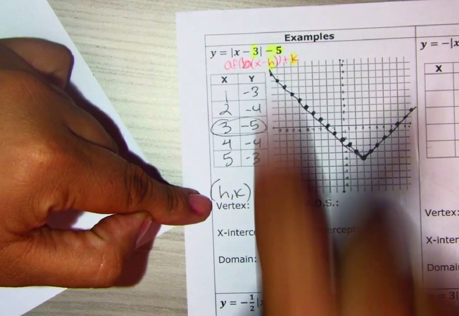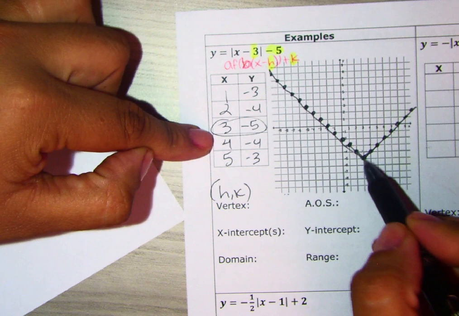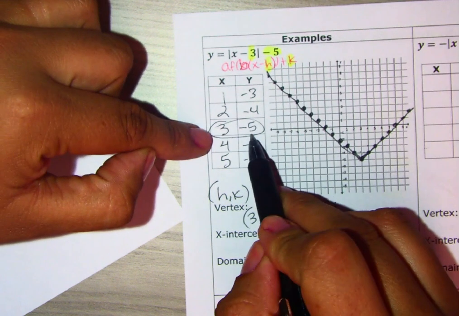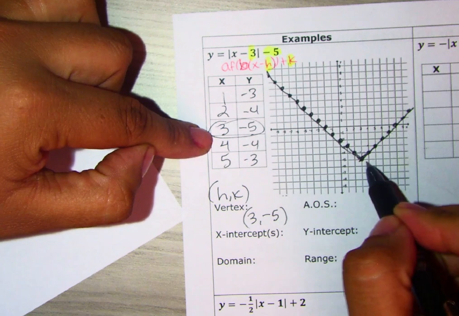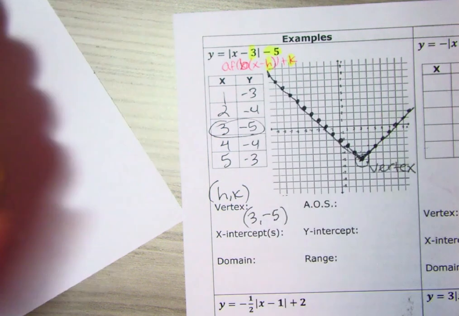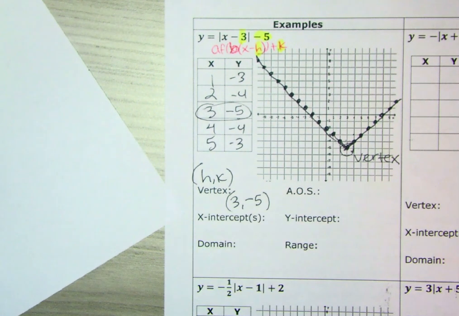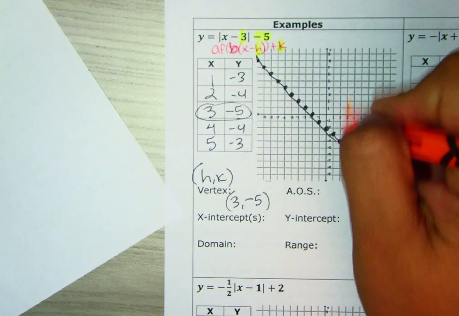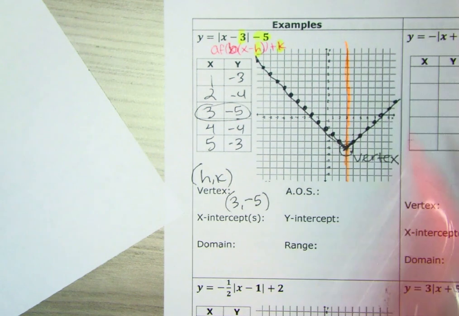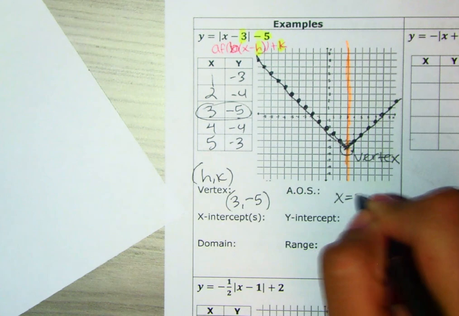And if you can tell the vertex from there, because that's (h, k), that is your vertex, which is (3, -5). According to the table, according to the graph, that is your vertex right there, and also according to the equation. So therefore, if that's the vertex, your axis of symmetry is going to go right through that vertex at 3. So you're just going to say that the axis of symmetry is x equals 3.